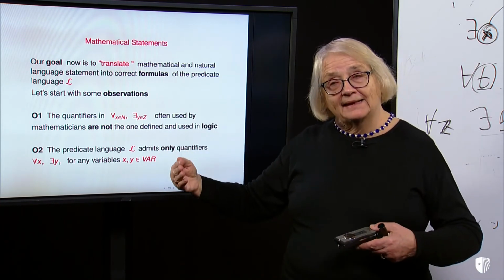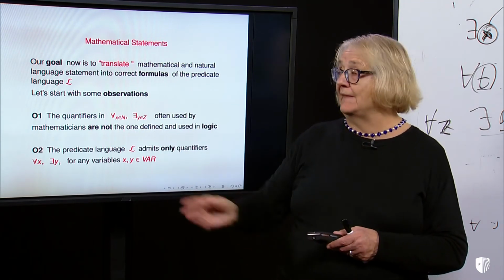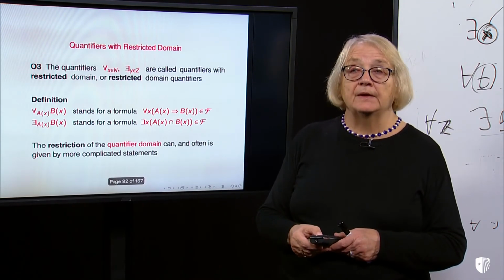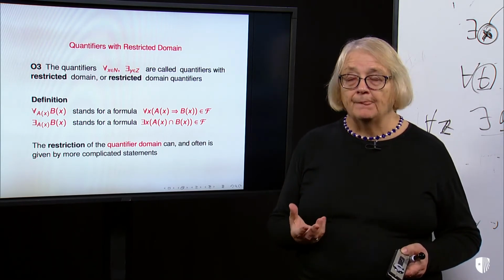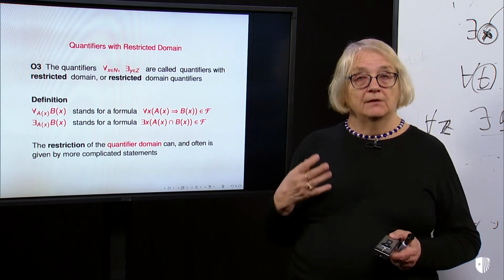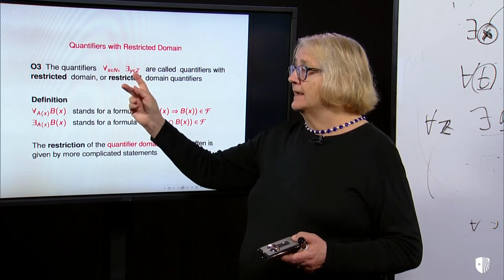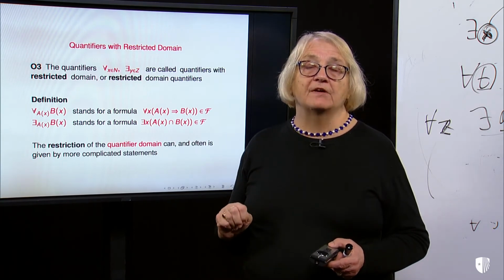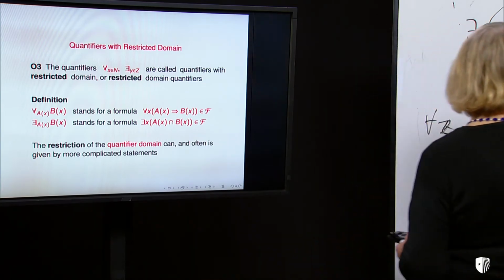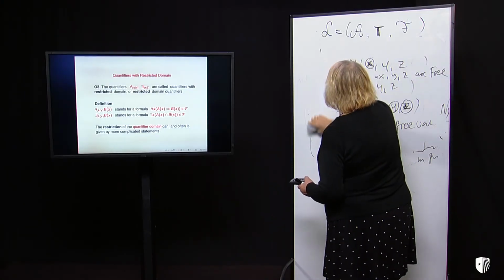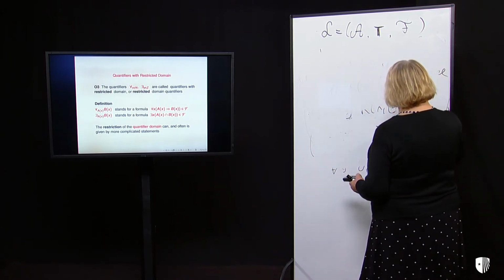The x in a certain universe can be natural numbers, but that is not accepted in logic. But they are very useful to use, so we introduce in logic quantifiers called quantifiers with restricted domain. We can use them, but we have to be very careful.